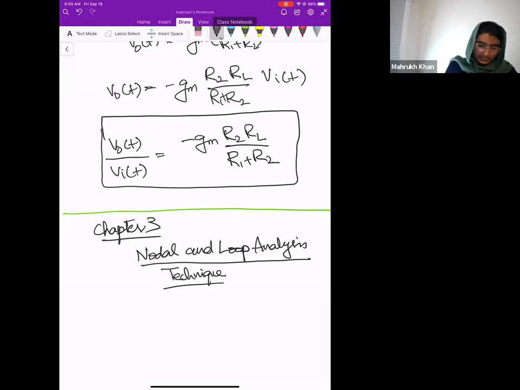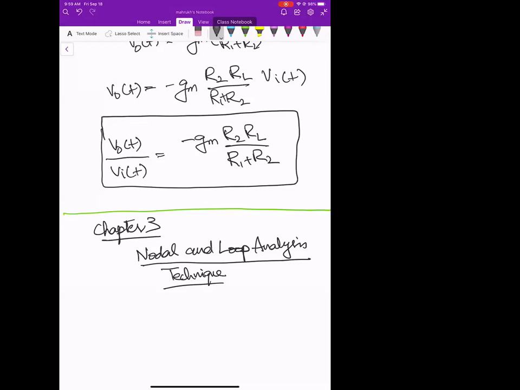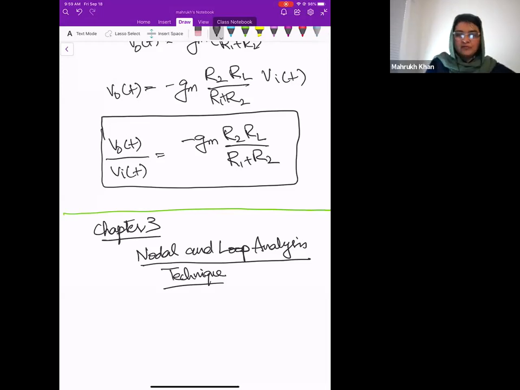Okay, so what is nodal analysis? Are you familiar with matrices, or how you solve matrices? Yeah, you are studying it, or you have studied it in the previous semester?